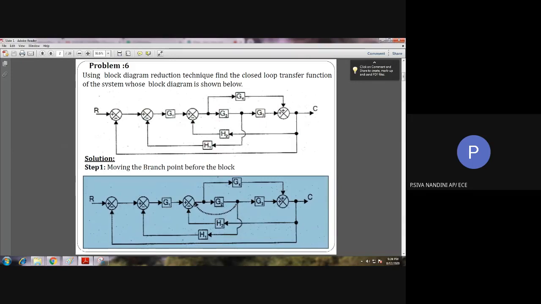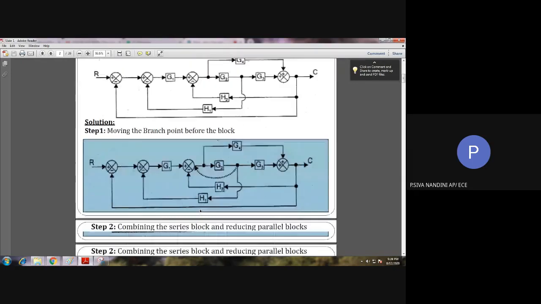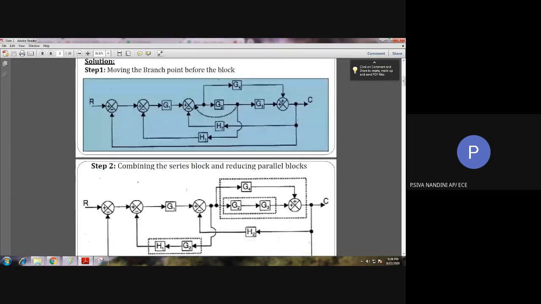As per the rule, while moving a branch point before the block, what block should be added in the branch point path? We need to add that block. That is, we need to put the same block in the branch point path. Thus, after moving this branch point before the block G2, we obtain here.